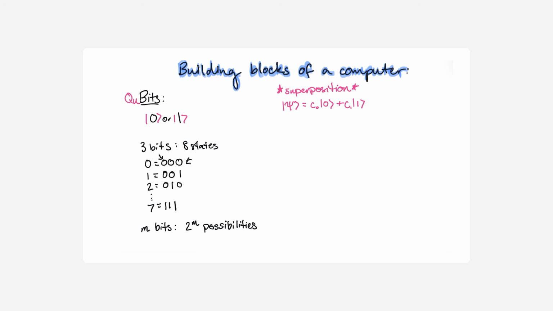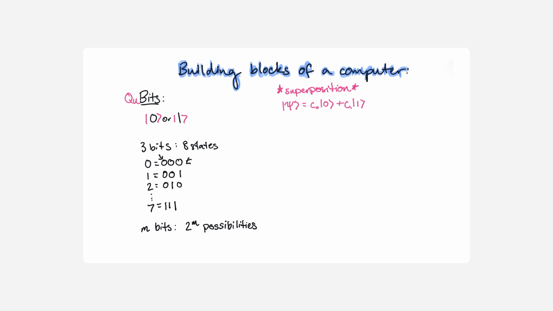A superposition state is sometimes described as being in both states at once. Analogies kind of fail here, but it's a bit more like being partly in one state and partly in the other. Here, c₀ and c₁ are called coefficients, and they tell us how much of the 0 state and how much of the 1 state are present in the superposition.